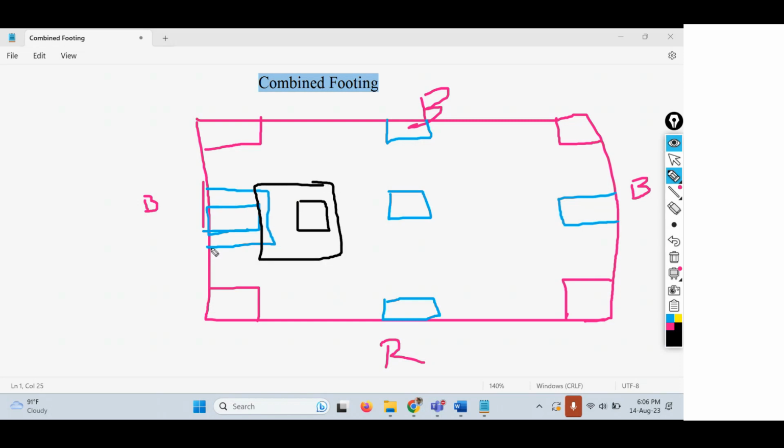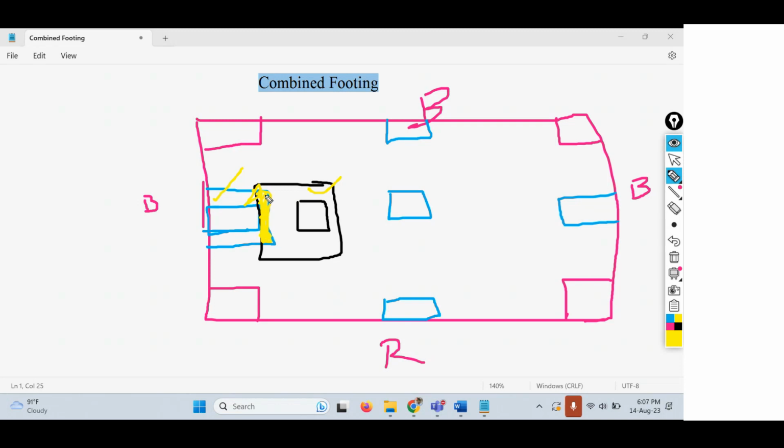If you provide two isolated footings for these two columns, the footings are coinciding with each other. This portion will have a huge amount of load distribution compared to this portion as well as this portion. When this portion is experiencing a huge load, if it is strong enough, then it will resist the load.